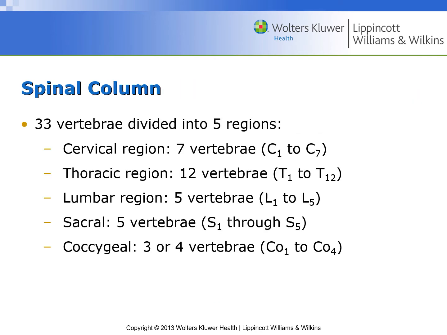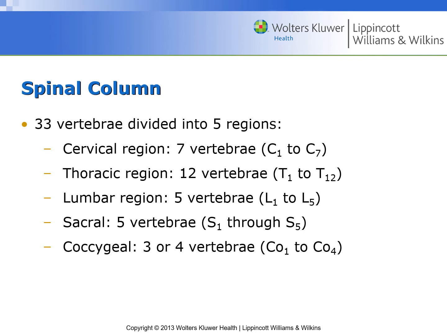Now let's consider the spinal column. The spinal column consists of 33 vertebrae divided into 5 regions. We have the cervical region, which has 7 vertebrae, and they are usually referred to as vertebrae C1 through to C7. We have the thoracic region, which has 12 vertebrae, and it's usually referred to as T1 to T12.